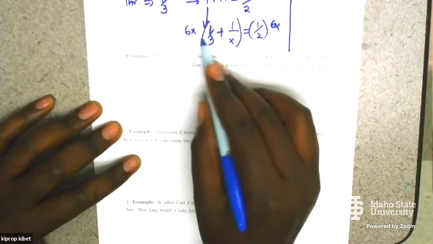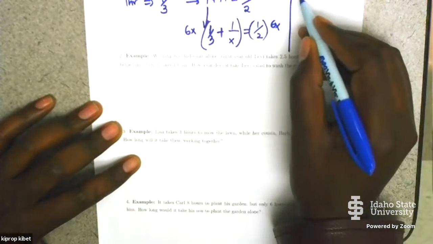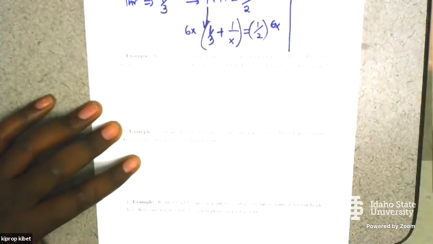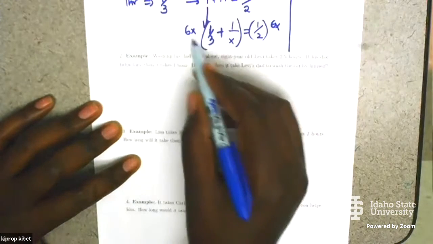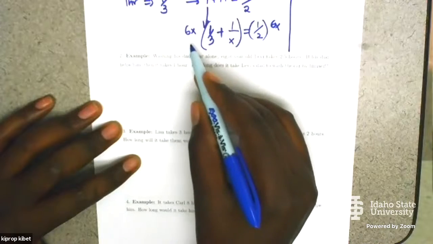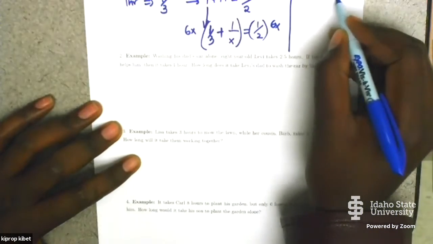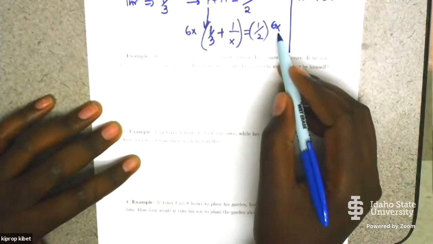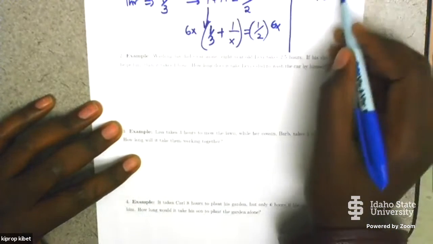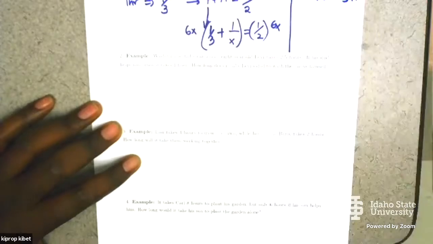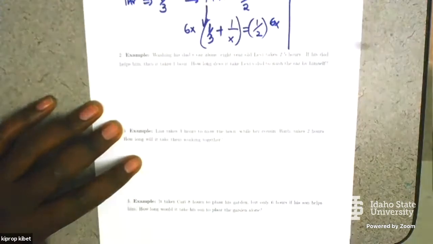The first one will give us what? 2x, right? The second one will give us plus 6. And that equals to what? The last one will be 3x, right?